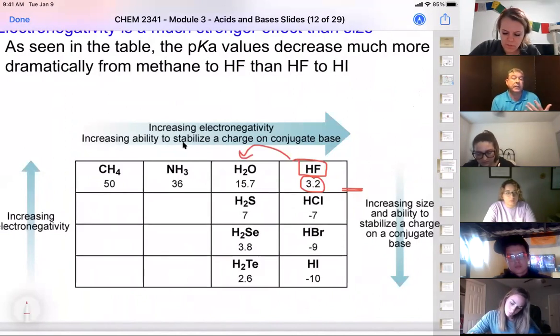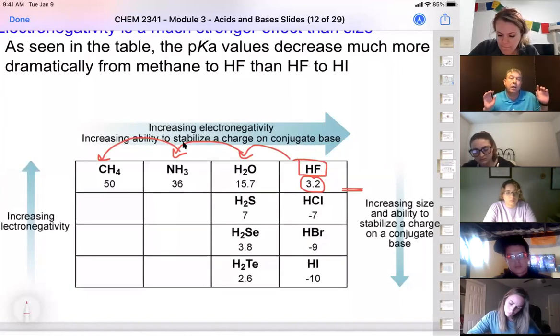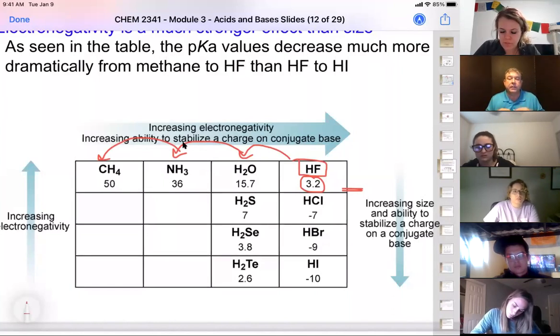The alcohol was 16. The amine is 36, and the carbon is 50. Okay, and most of them are 50 to 55. Now, that all has to do with the change in electronegativity because they're all about the same size. They all have that number 2 orbital energy level that they're filling those electrons in.